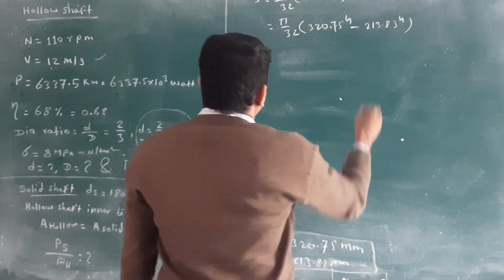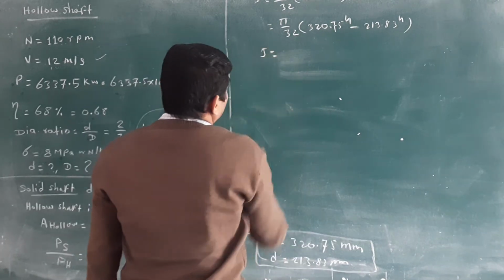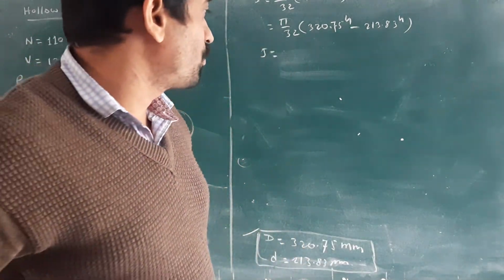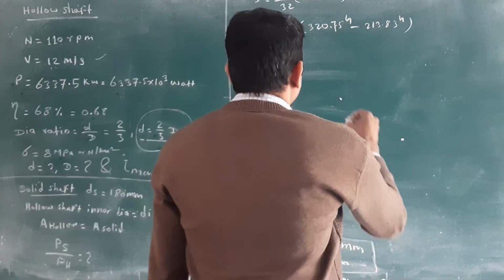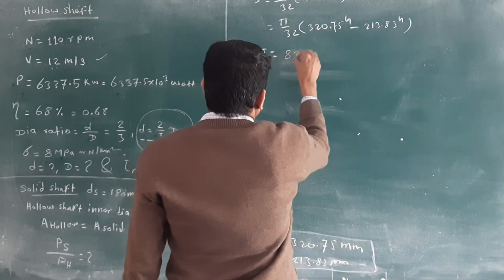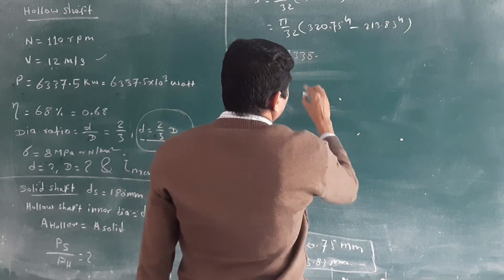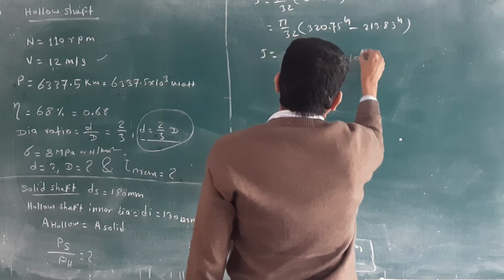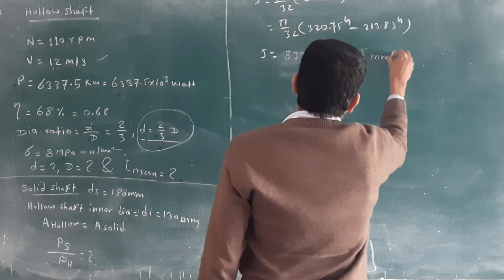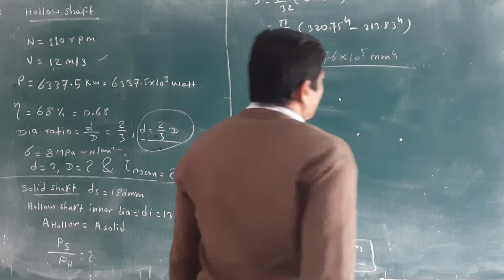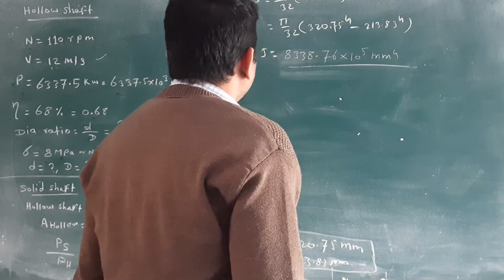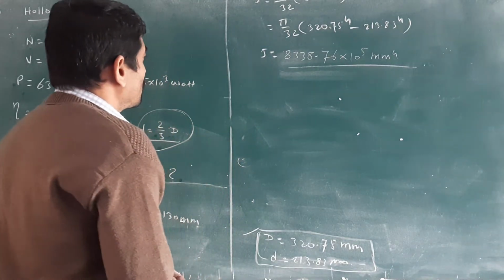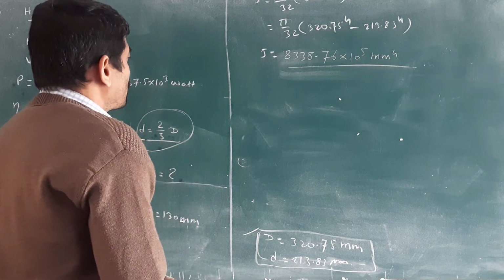Then you will get the polar moment of inertia value, 8338.76 into 10 raised to 5. What is the unit of polar moment of inertia? mm raised to 4. So it is 8338.76 into 10 raised to 5 mm raised to 4.